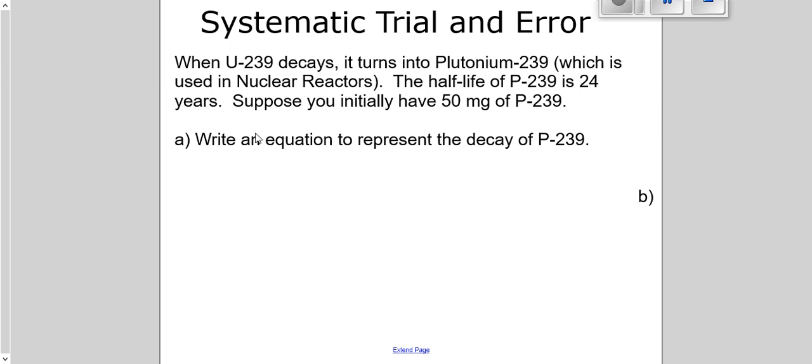All right, so when plutonium-239 decays, it actually turns into plutonium-239, which is used in nuclear reactors. The half-life, so we're still talking about half-life, so that's 1/2, is 24 years. So now our time's going to change a little bit. And let's suppose you start with 50 milligrams. So there's our M. Write an equation to represent this decay.